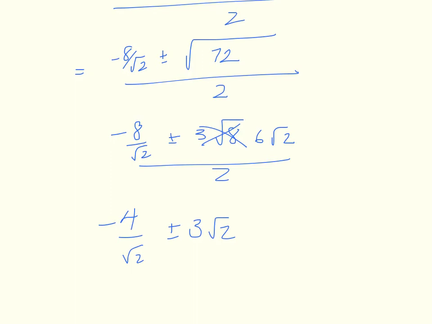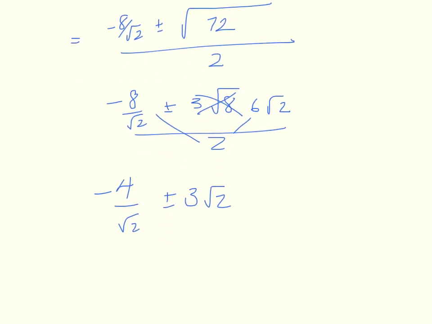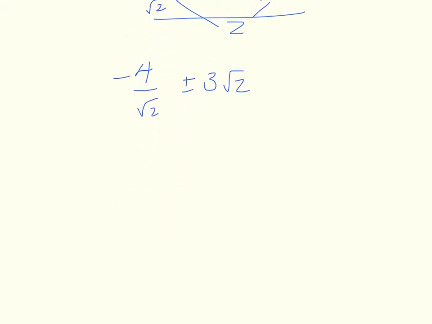Now we actually have to get rid of this root 2 in the denominator. Okay, right? Wait, what did you just do? I just canceled the 2 with the 6 and the negative 8. Okay, you know how to get rid of the root 2 in the denominator, right? What do you do?